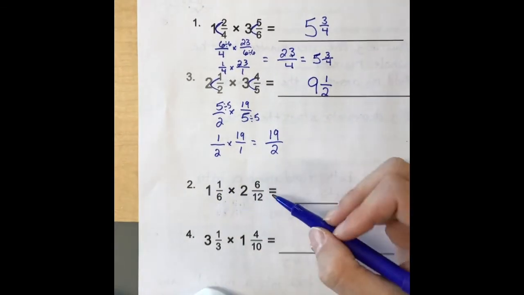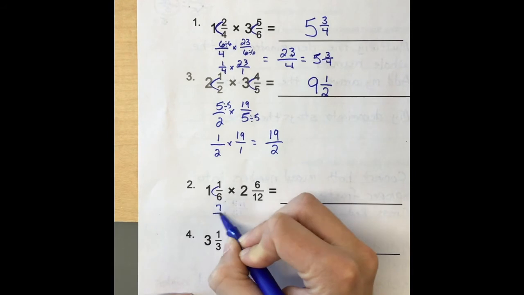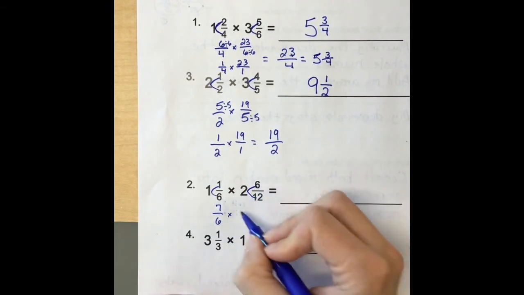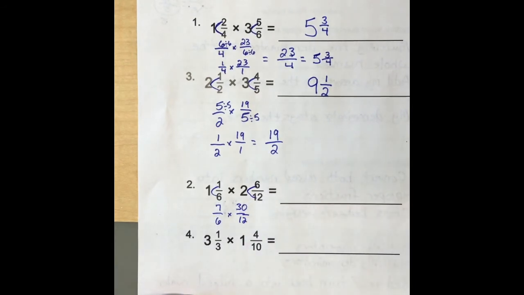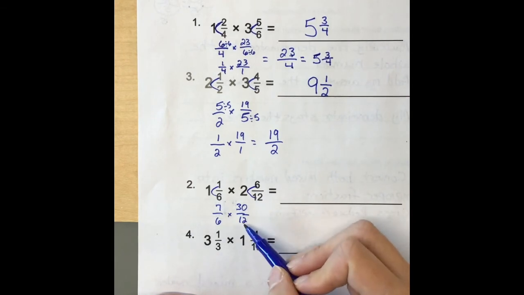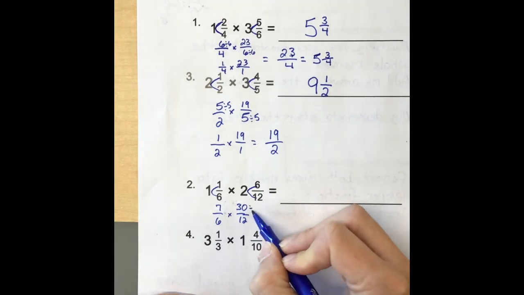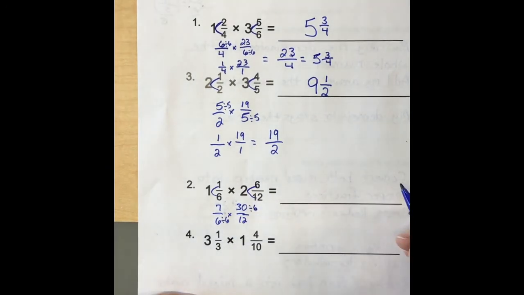Number 2 down here, I get 7 over 6 times 30 over 12. This one's a little tougher. What can go in evenly to both 7 and 12? Nothing. Okay, what can go in evenly to both 30 and 6? Well, 6 does go into 30, so I can divide by 6.